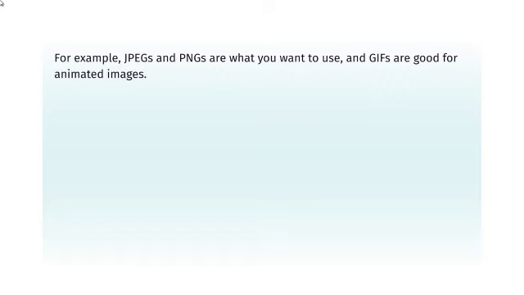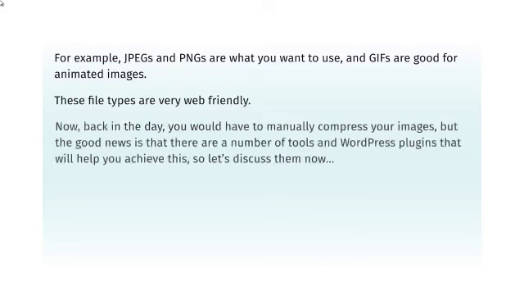JPEGs and PNGs are image file formats that are squeezed down and compressed for web use. GIFs, on the other hand, are basically animated images, but they are also compressed. Like I said, these files are very web friendly.